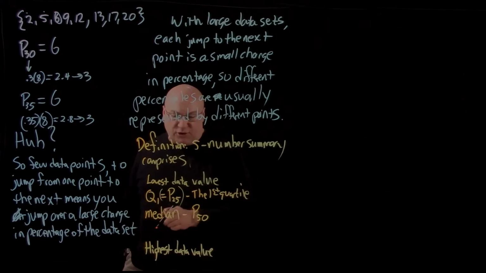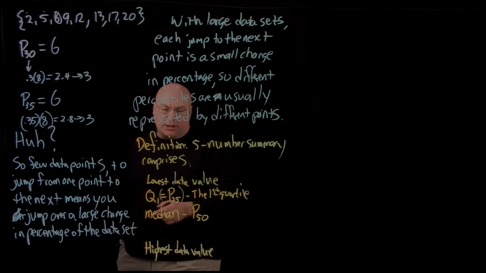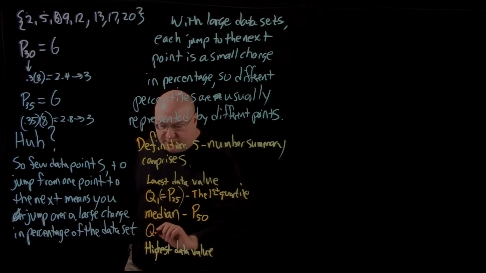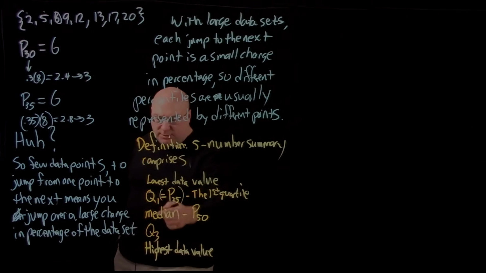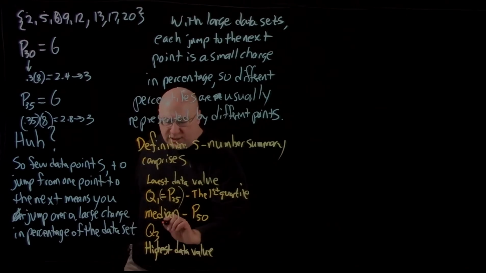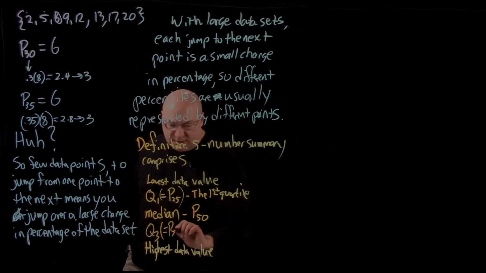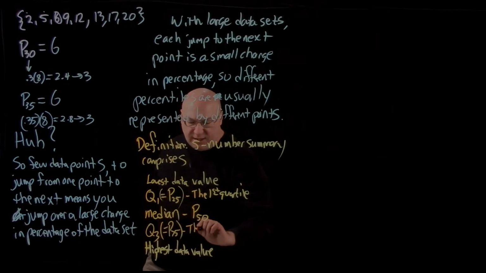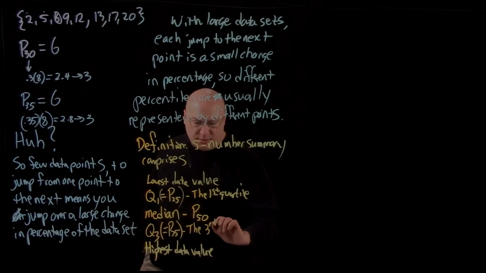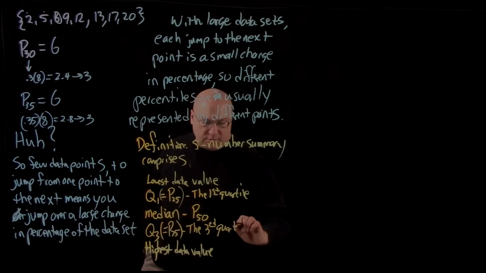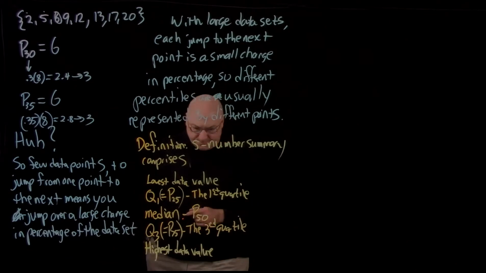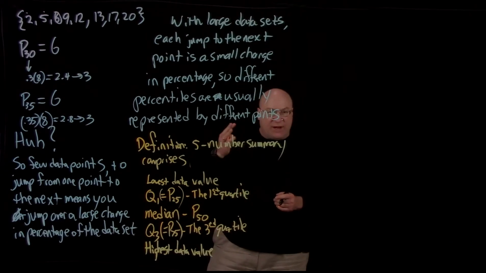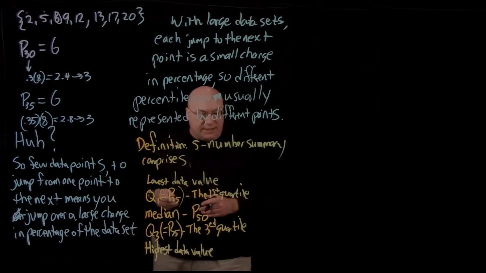Well, P50 or the median is sometimes called the second quartile, almost never. We just call it the median, and we jump over here for the next one, which will be halfway between the median and the highest value, essentially, Q3, and that's, not surprisingly, the 75th percentile, right? So this is the third quartile.